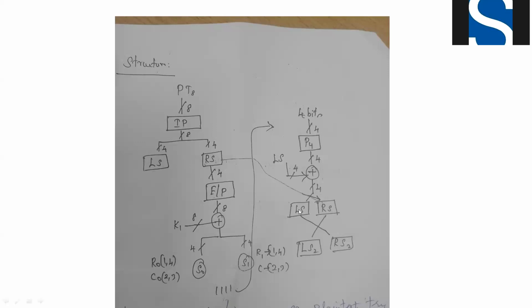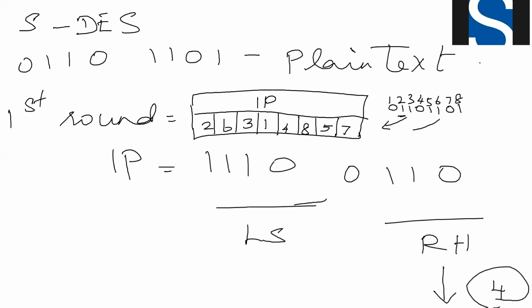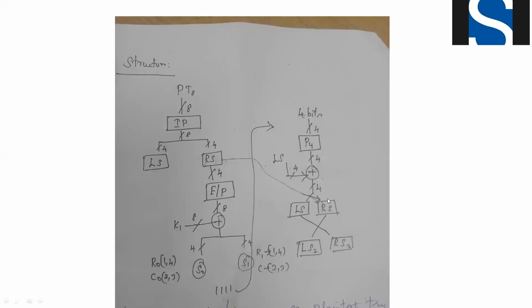That will be kept as the left hand side now. So that is called your LS. The right hand side bits that we got from the IP table, we'll take as your right hand side, and then we do the swapping. So now this RS will become your LS, and the LS will become your RS.